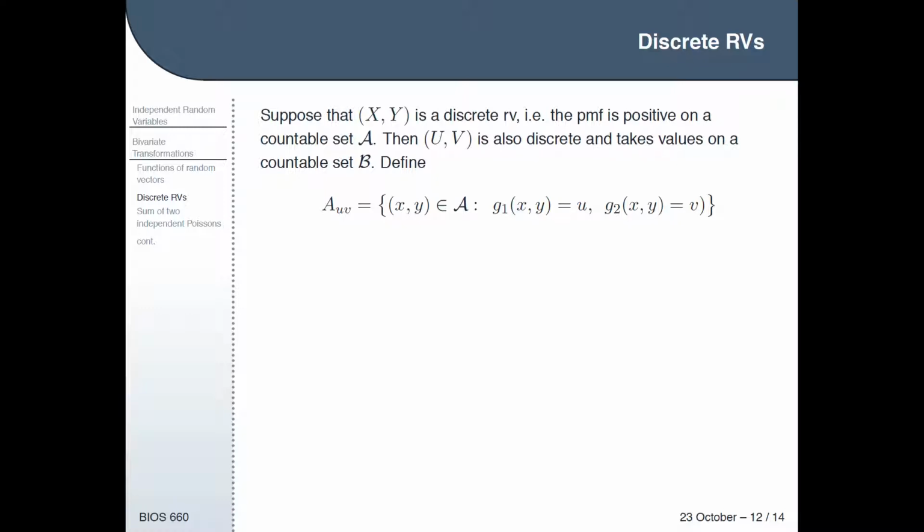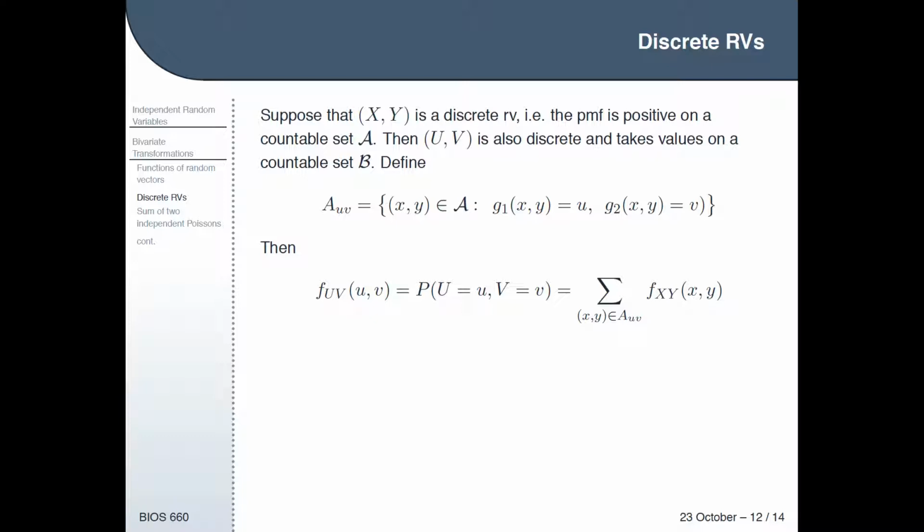And the way you find this countable set B is you define this new set A_uv to be the (x, y) in A such that g1 of (x, y) is u and g2 of (x, y) is v.